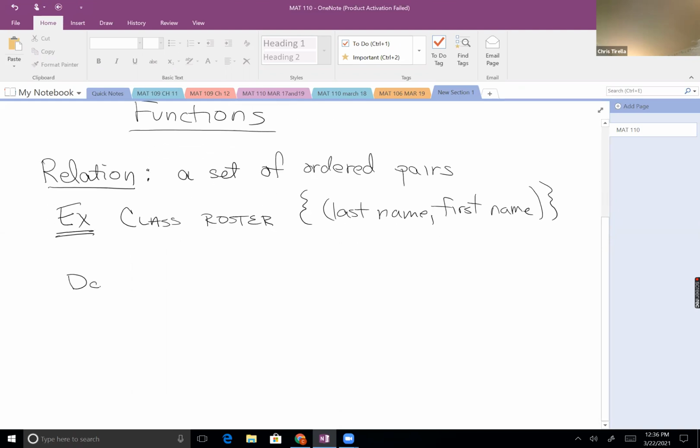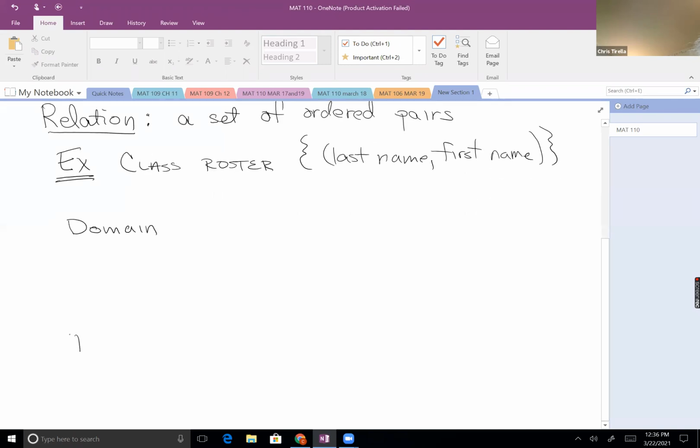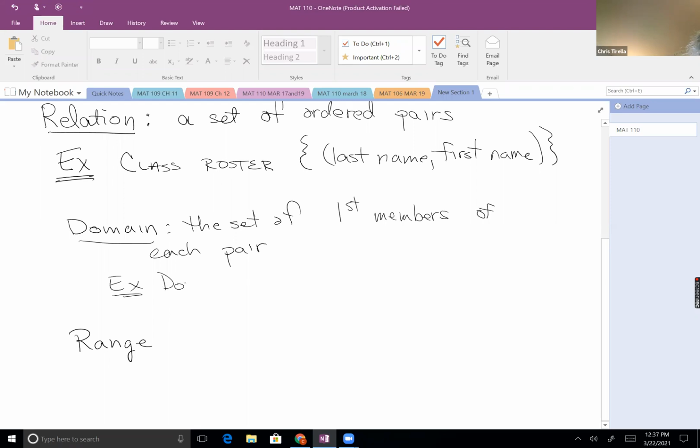One is that of the domain, and the other is that of the range. When I talk about the domain of a relation, it's the set of the first members of each pair. So in the above example, the domain would be the set of last names.